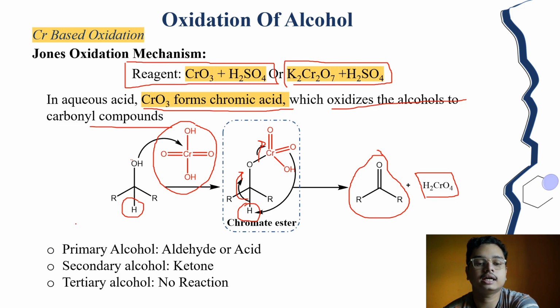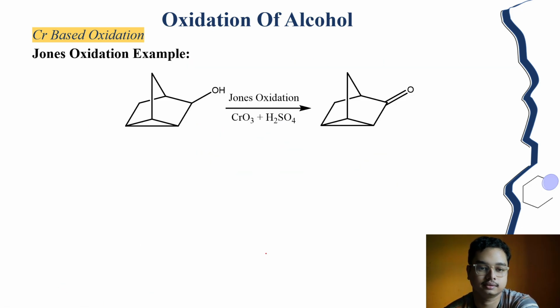If the starting material is a primary alcohol, then after oxidation it will be either aldehyde or acid, depending upon the reaction temperature. But if it is a secondary alcohol, then it always generates ketone. And in case of tertiary alcohol, no reaction takes place, as I already discussed.